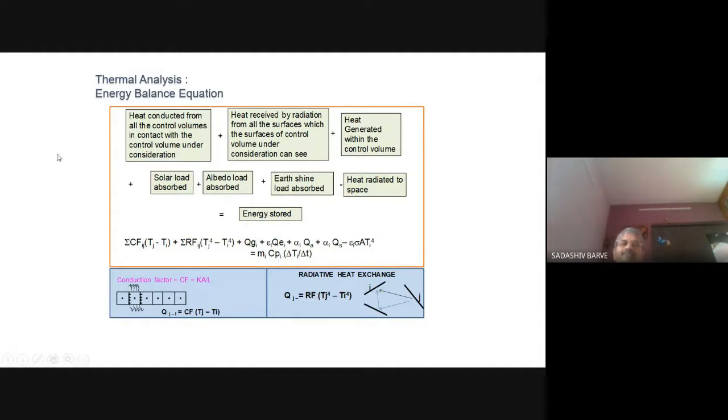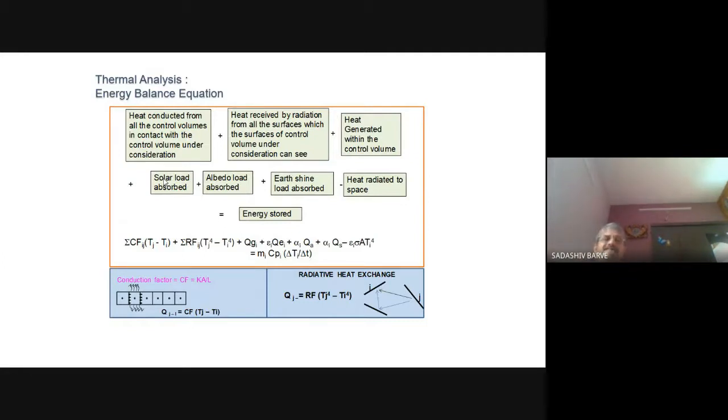Now, the remaining three, four for example, are applicable if that particular element is seeing deep space. You get solar absorption load provided that surface is seeing deep space.